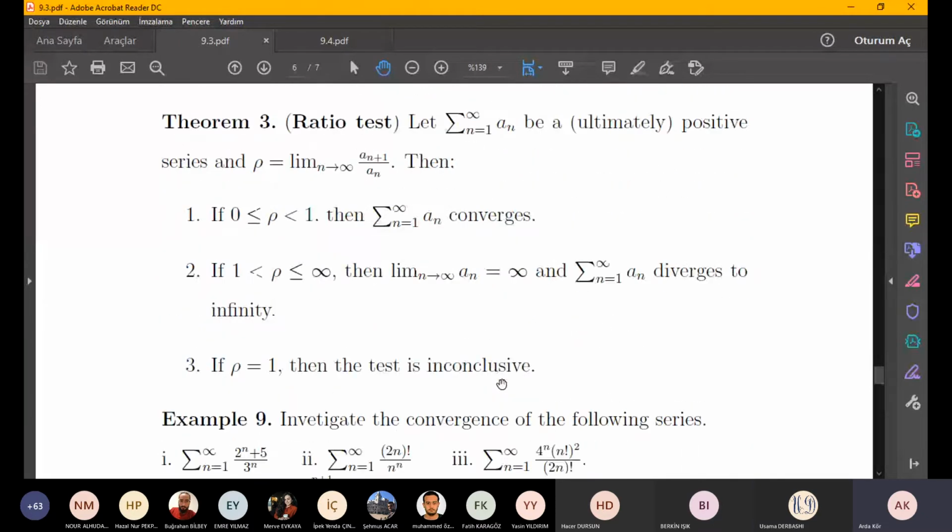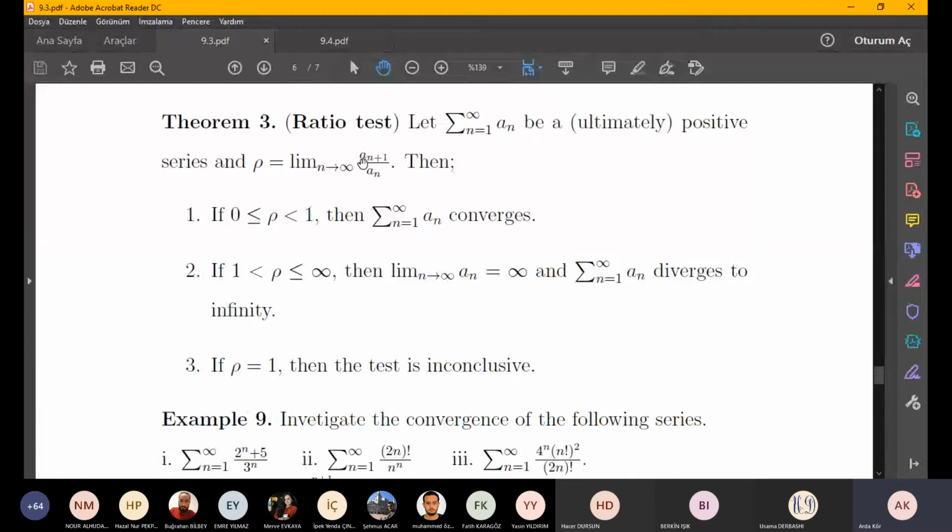So these will be the last two tests that we will see for positively defined series. If the series an is ultimately a positive series, and if rho, which is the limit of an plus 1 over an, so this is the n plus 1 term of the series, and in the denominator you have the general term of your series, that is why it is called the ratio test.